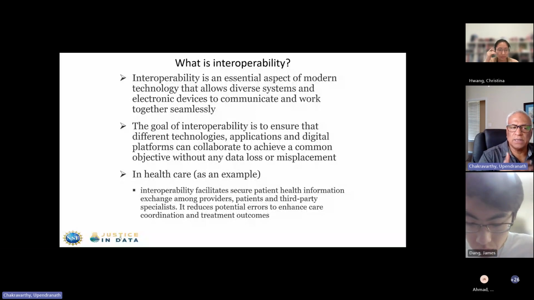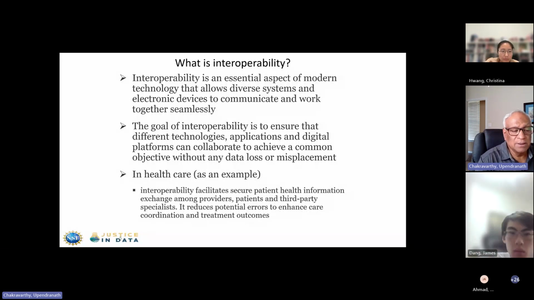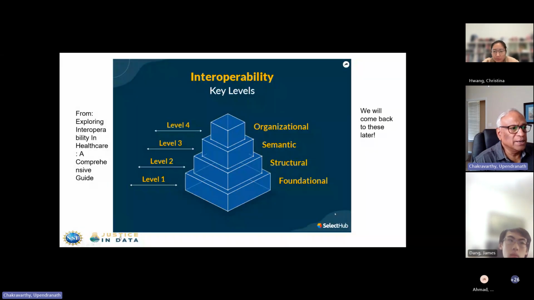So interoperability to some extent we have, but we have not achieved the global interoperable status. Interoperability facilitates secure patient health information exchange among providers, patients, and third-party specialists. It reduces potential errors to enhance care. So that's why it's very important.